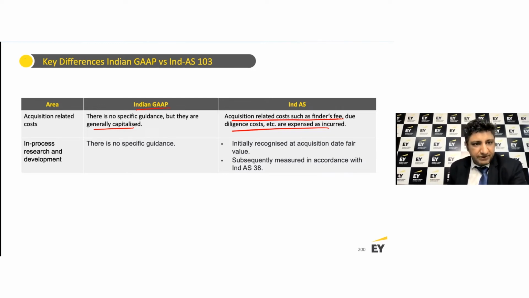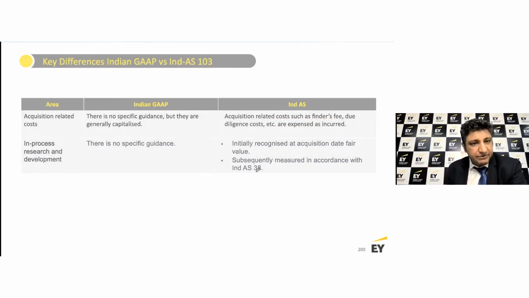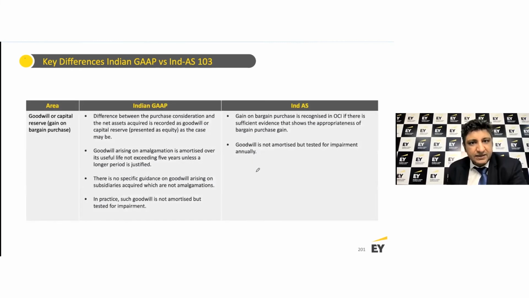We'll talk about many aspects, including in-process research and development, wherein there is no guidance available. But under the Ind AS framework, you would recognize those items to the extent they are identifiable. You recognize them at fair value, and then you follow the provisions of Ind AS 38, which is intangible assets. One key difference is about the recognition and measurement of goodwill between the AS and Ind AS framework.